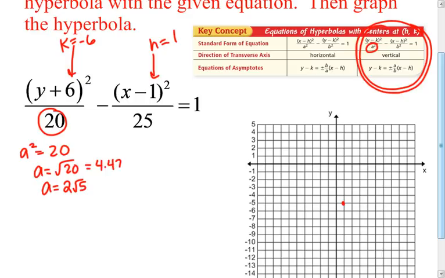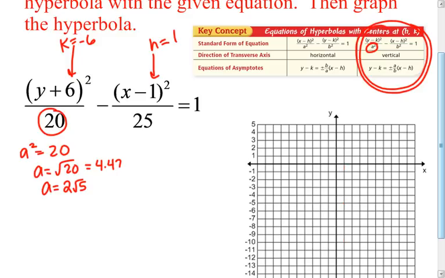Again, A is an up-down distance since this is a vertical hyperbola. So I'm going to go 4.47 up from here, and 4.47 down. And those are going to be some markers on my box. Oh my gosh, I cannot count, you guys.